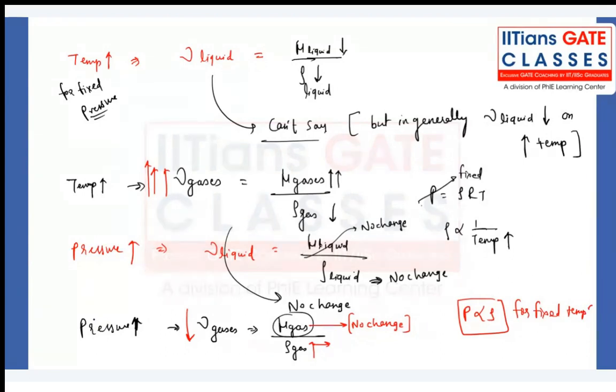Whenever we do any experimental kind of thing, we try to vary only one parameter, right? We don't vary both parameters. Now you may have the wild thinking, sir, what will happen when I change the pressure and temperature both? Then again it is very difficult to predict, and you can't perform the experiment either. Getting my point, all of you?